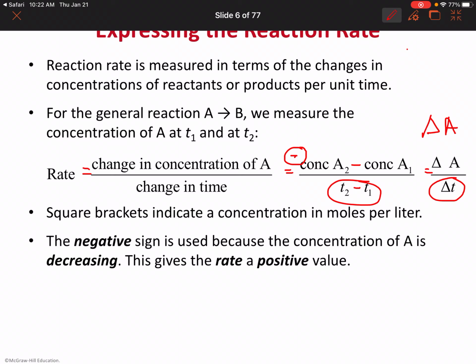So the difference, concentration A2 minus A1, is going to be a negative term. And delta T would be the time period or the change in time. So in this case, the rate we can express as the change in concentration of A over delta T. And here also we need to have a negative sign, because the reactant concentration is going to decrease, so it's going to be negative delta A over delta T.